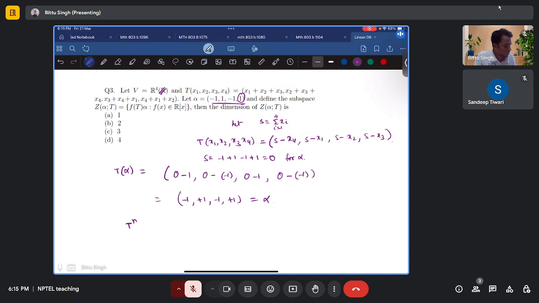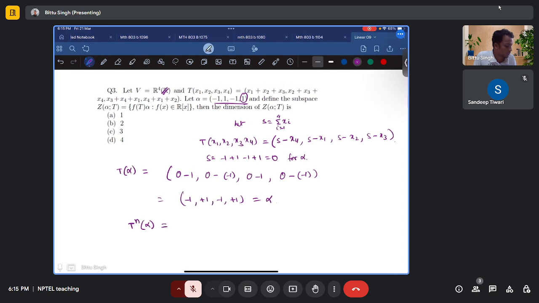Therefore, whatever power we take, if we compose multiple times, T acting on alpha acts like the identity. So T to the power n of alpha is the same as alpha, just composing n times.